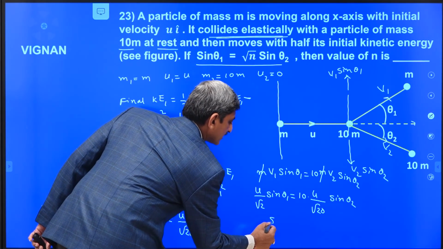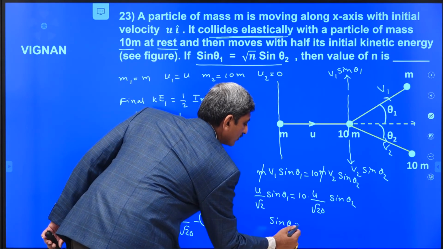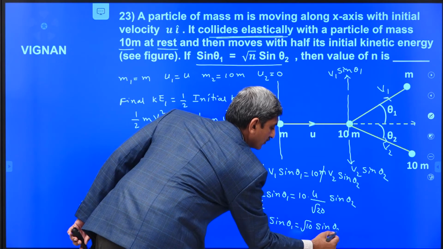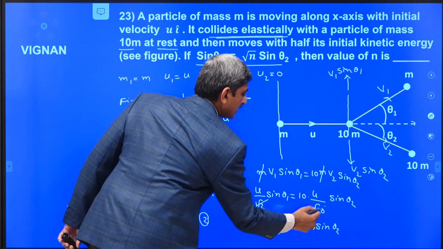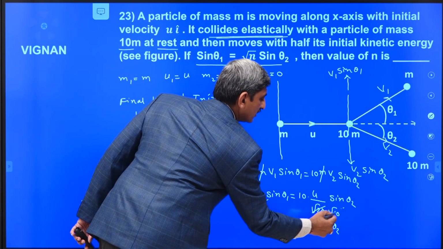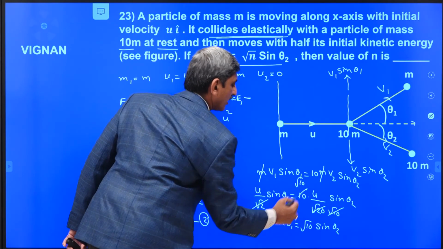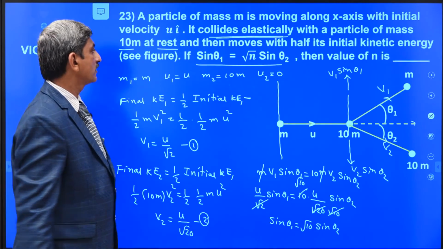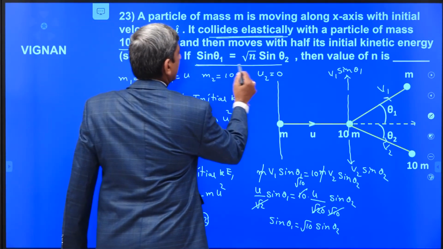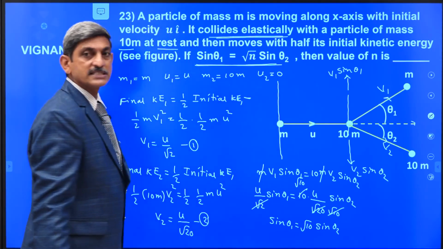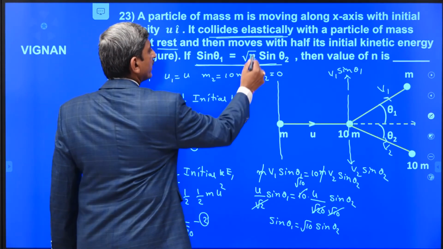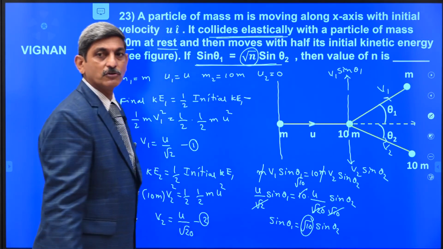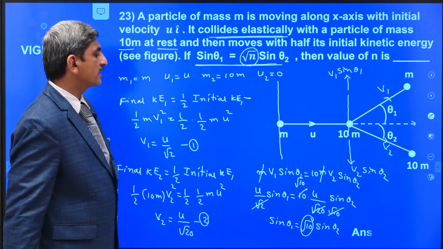So we can write it as sin theta 1 is equal to root 10 sin theta 2. But it is given that sin theta 1 is equal to root n sin theta 2. By comparing this we have root n is equal to root 10, and from that we have n is equal to 10. So your answer is n is equal to 10.